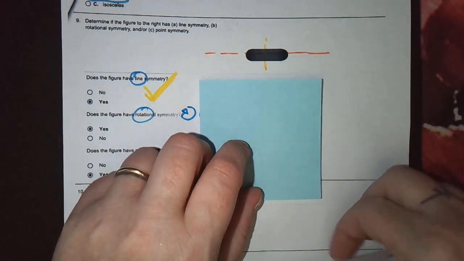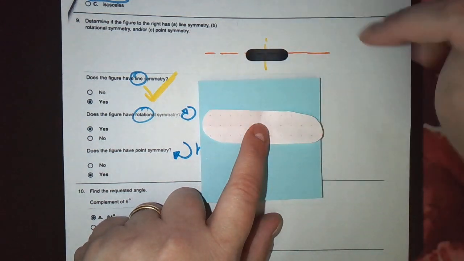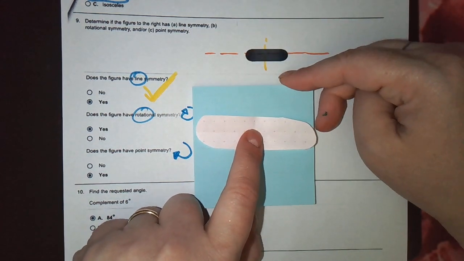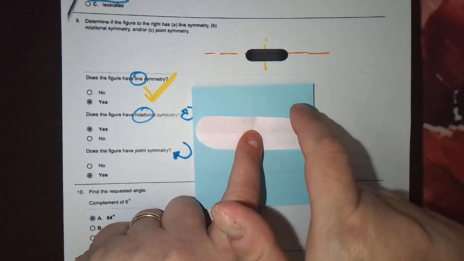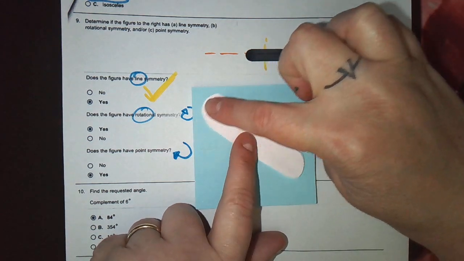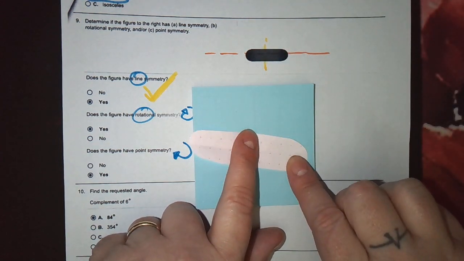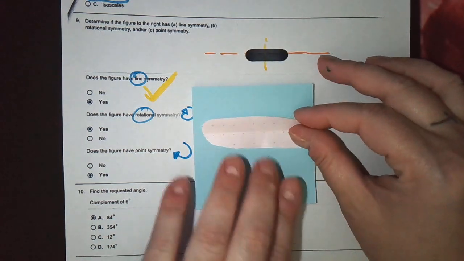So let's go over this again. You hold it down the middle, and the question is, can you spin it partially or however much to get the exact same black pill? So this is my pill, and I'm going to spin it in a circle, and hey, I only spun it half a circle and I got the same picture back.